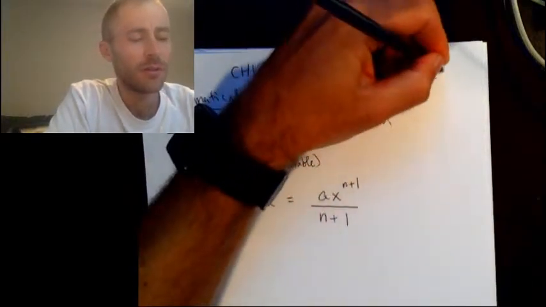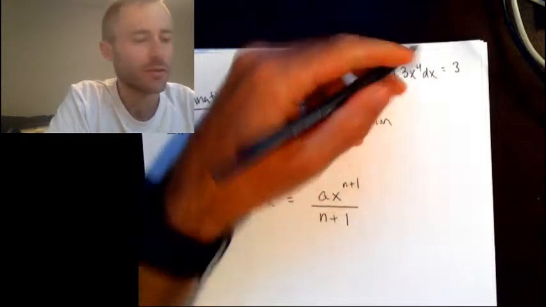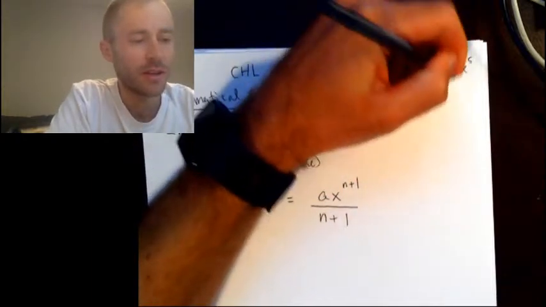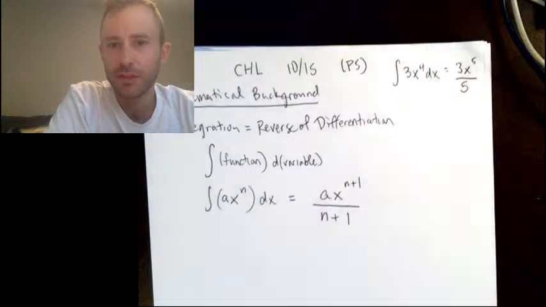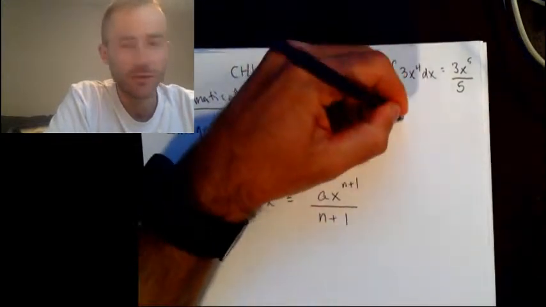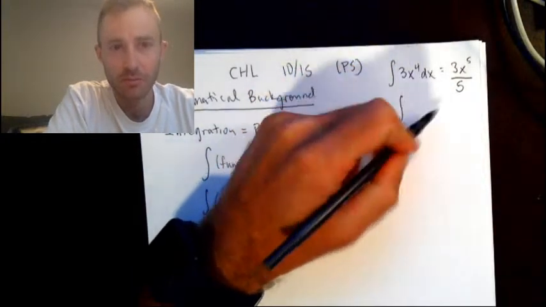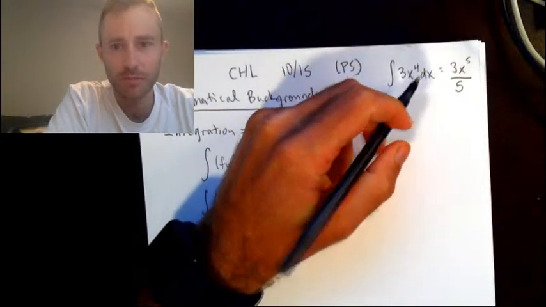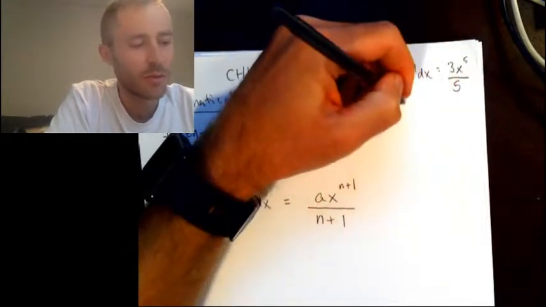Then that's going to be equal to 3 times x, I bump up the power, so x to the 5th, and then I divide by the bumped up power. That's the answer. This is for a single monomial, a single term in a polynomial. What if you have two terms?